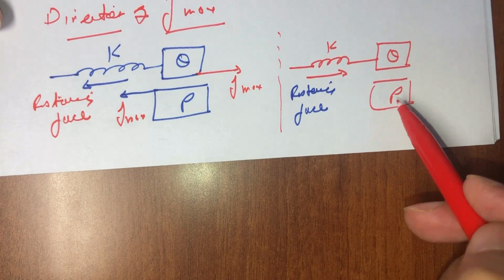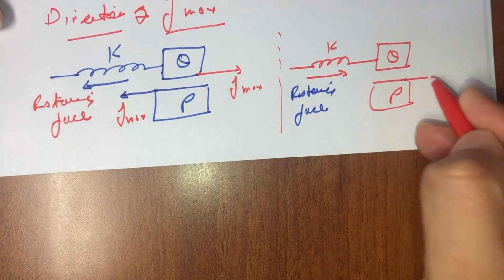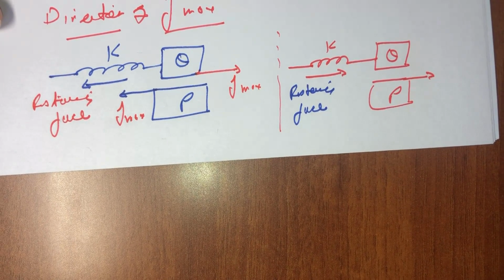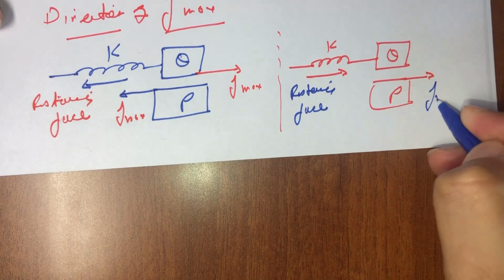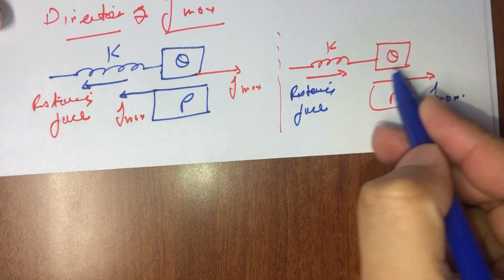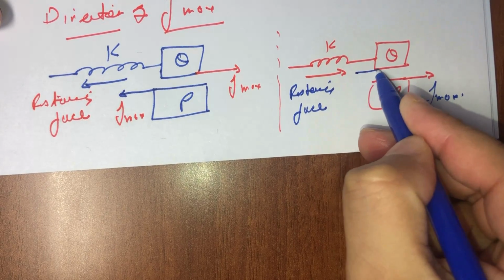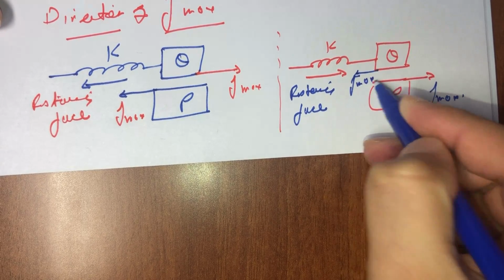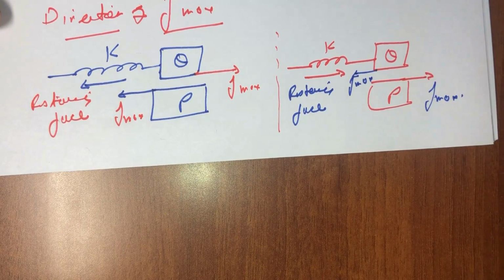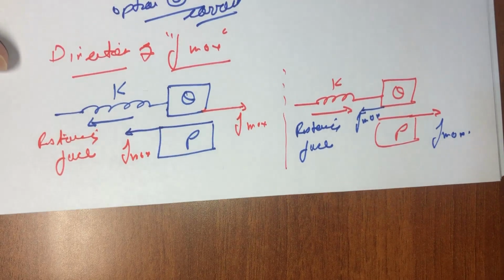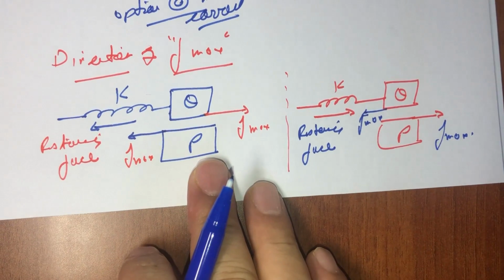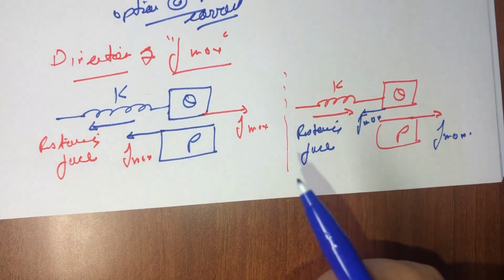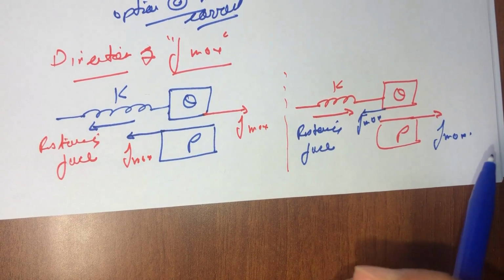So for P to move towards the right, we are going to have F max in this direction towards the right. This will be our F max, and for Q it will be acting in the opposite direction. This will be F max on Q. It basically means in which direction the restoring force is acting.